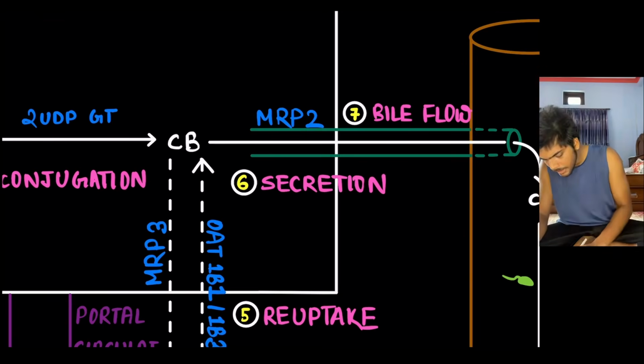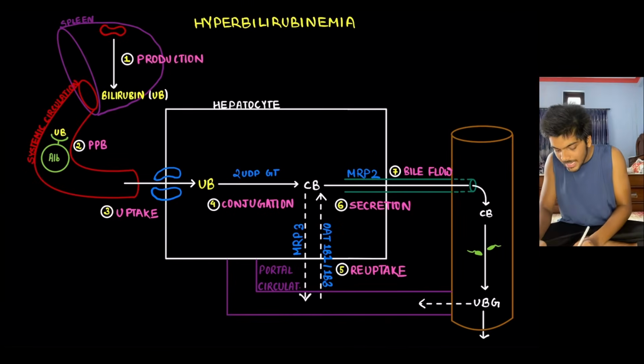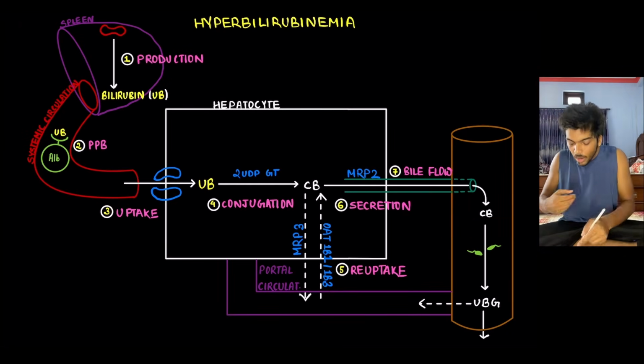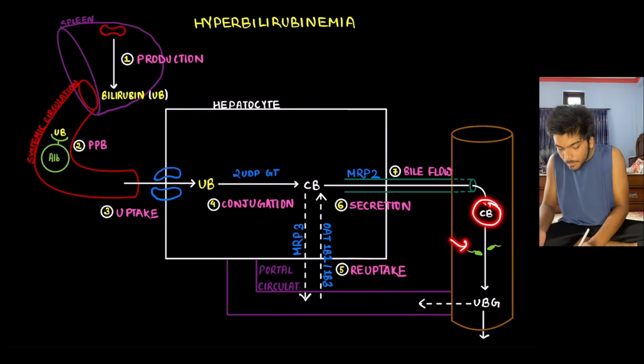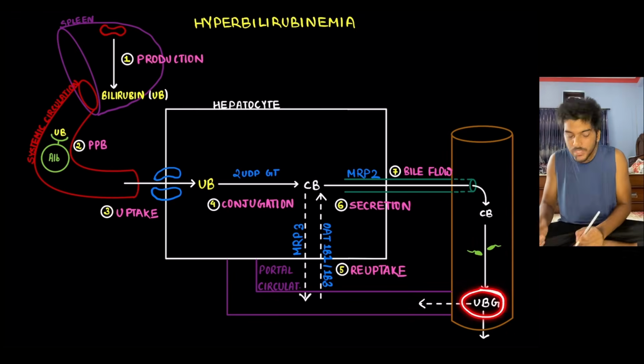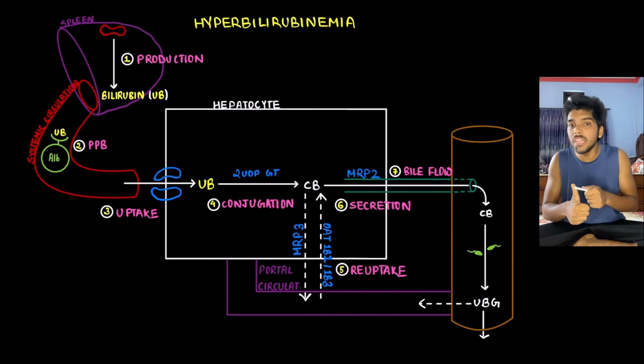Then within the gastrointestinal tract, the conjugated bilirubin is acted upon by the gut bacteria, which metabolizes it into urobilinogen. The urobilinogen is excreted out of the body, number 1, through feces in the form of stercobilin, which provides feces its characteristic brown color, and number 2, through urine in the form of urobilin, which provides urine its characteristic yellow color.